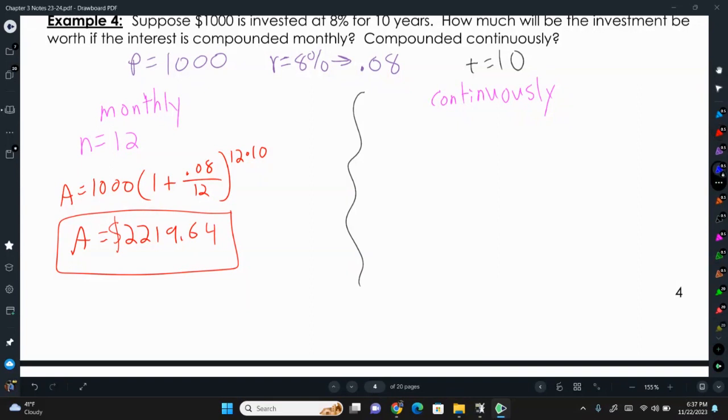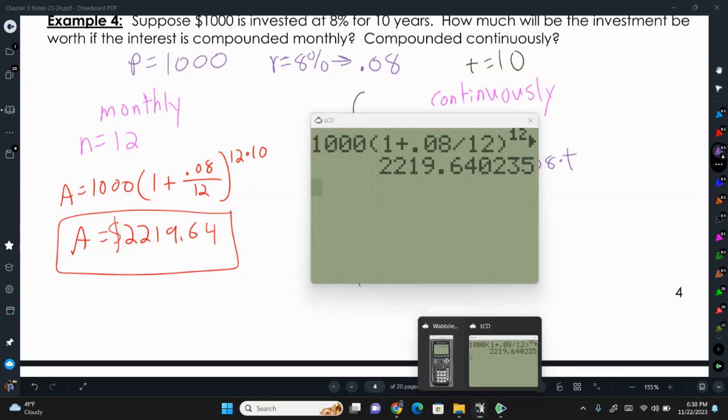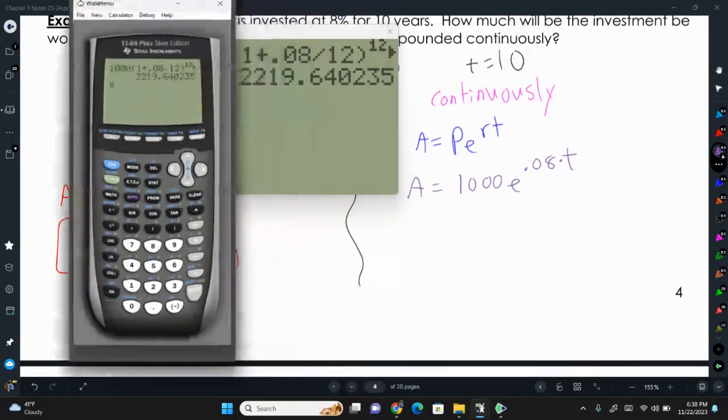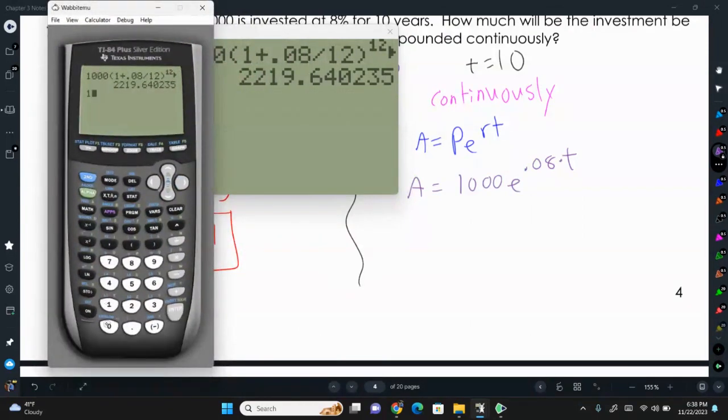Now for continuously, our formula is A equals P times e to the rt power. Much easier to substitute in. So we'll go over here and we'll do 1,000. And again, do second ln.